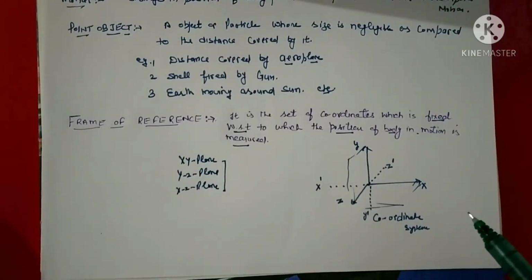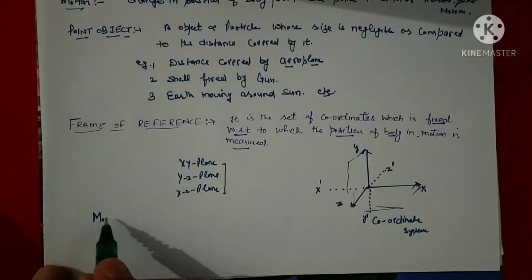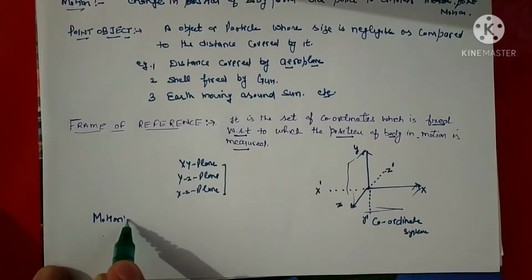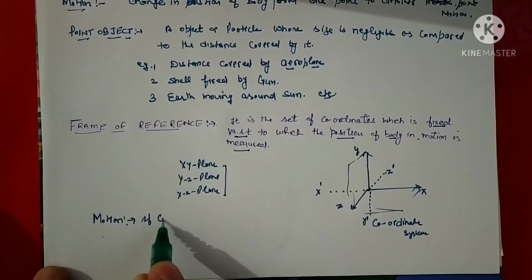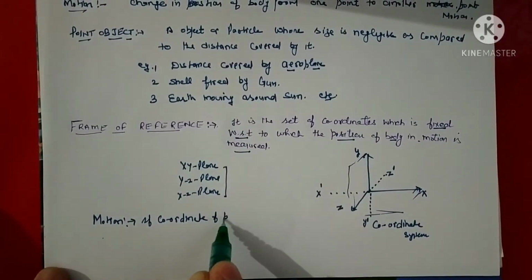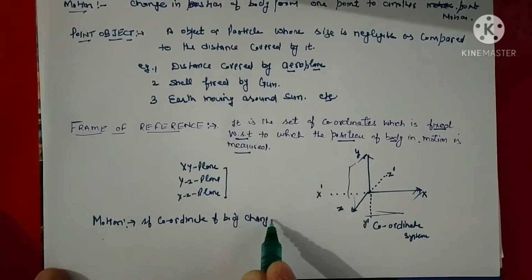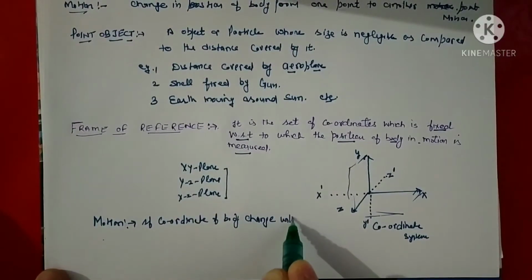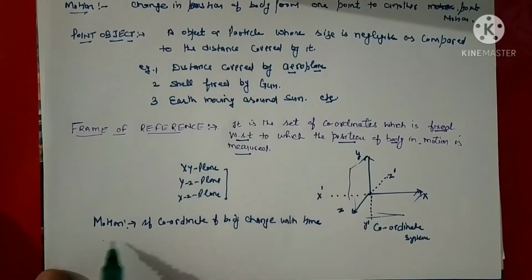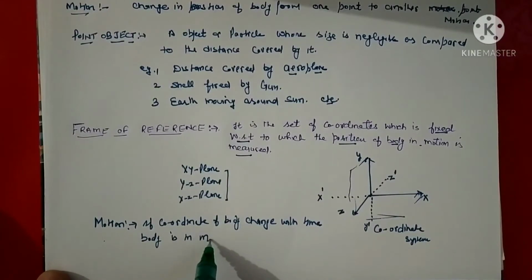So with the help of the coordinate system, we can define motion. We can define motion: if the coordinates of a body change with time, the body is in motion.